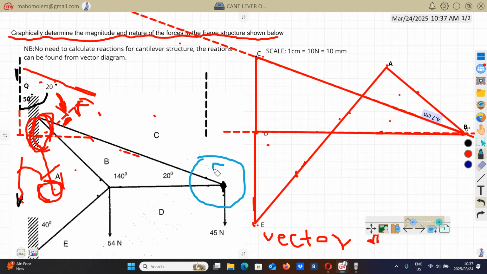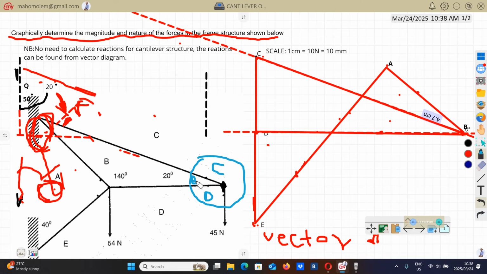Remember this space here is still space C. This one is D. This one is B. So this is B. Right, we're trying to find whether a member will be a strut or tie.